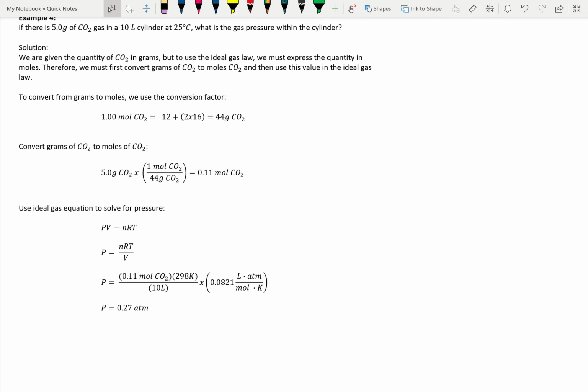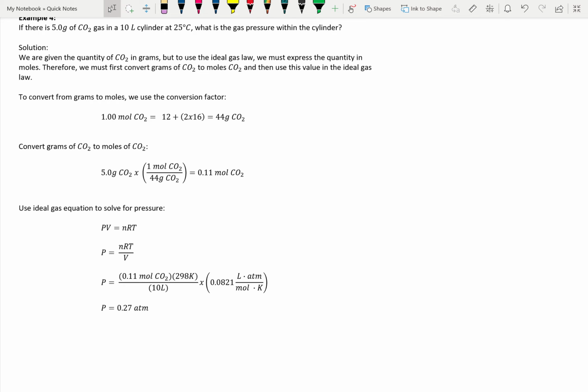Now we are looking for pressure, so we have to get pressure alone on one side of the equation. So P is equal to nRT over V. We plug in all the values. Pressure is equal to our number of moles, 0.11 moles of carbon dioxide, times our R, 0.0821, with units of liters times atmospheres over moles times Kelvin.